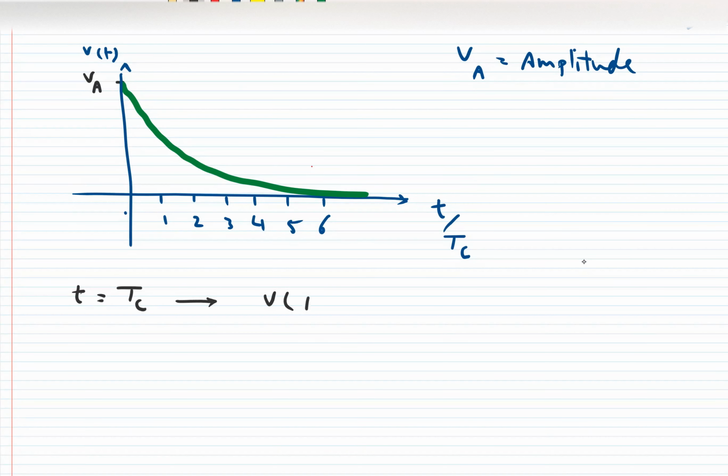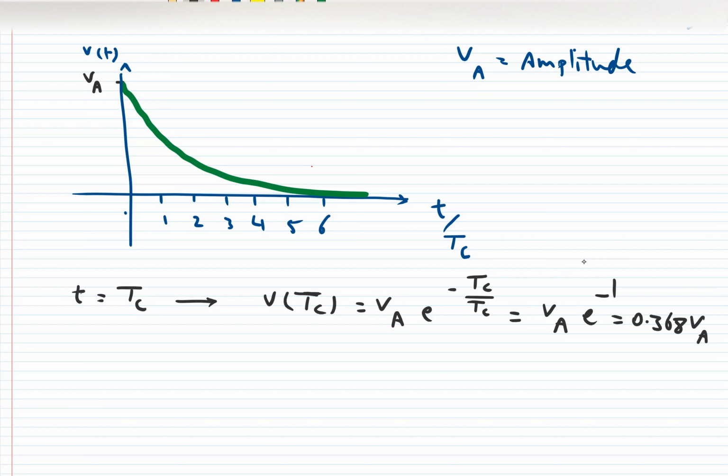V of Tc is equal to Va e to the negative Tc over Tc, which is equal to Va e to the negative 1 equal to 0.368 Va.